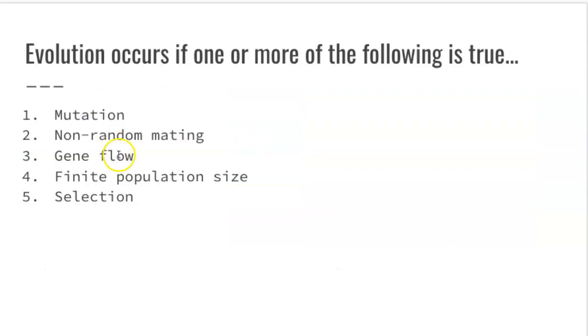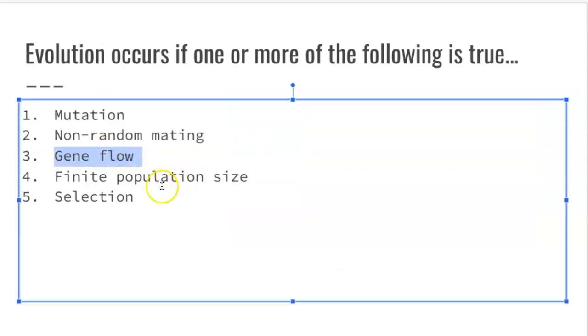Okay, gene flow is migration. Finite population size is important because if it's a small population, then the chances of genetic drift, or random changes in allele frequency, is higher. And then natural selection, which you are all fairly comfortable with. So you should be comfortable with all of these terms at this point, and we'll review them again later this week.